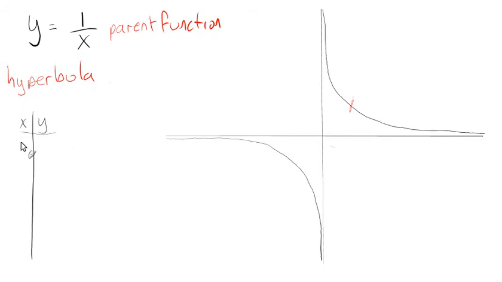If x is 10, then y is 0.1 or 1/10. If x is 100, you're going to take 1 divided by 100 and you get 0.01, 1/100th. If x is 1000, then y is 0.001. Right? And as x gets larger, y just keeps getting smaller and smaller and smaller.